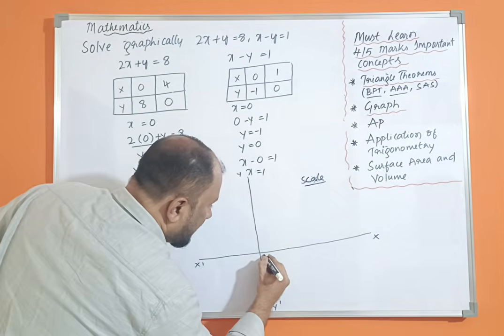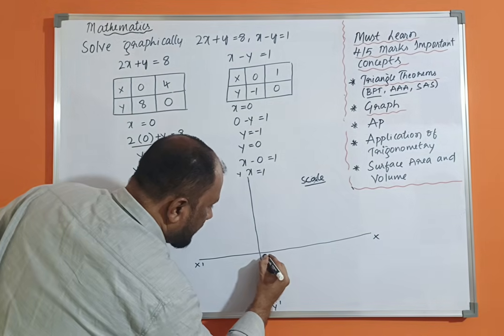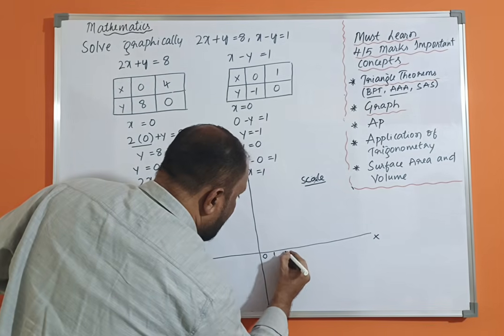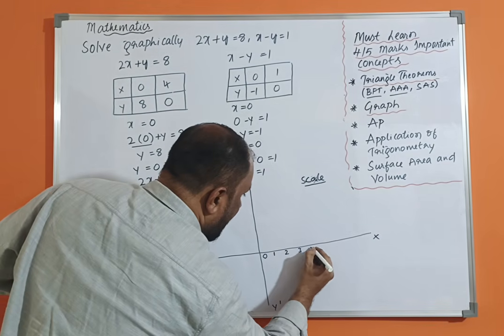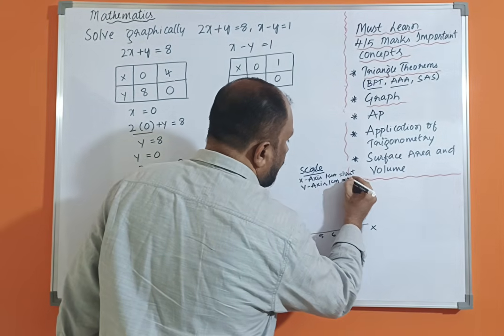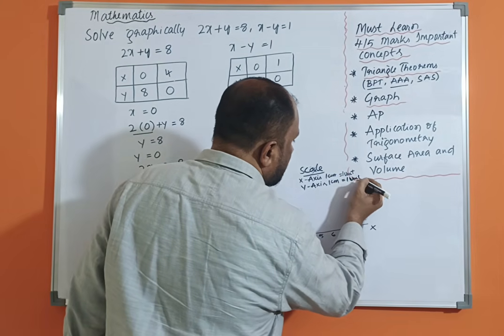Both the lines intersecting, that is nothing but the origin O. Now take the x values 1, 2, 3. On the axis, 1 centimeter is equal to 1 unit.